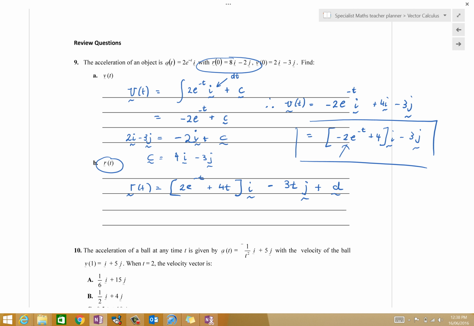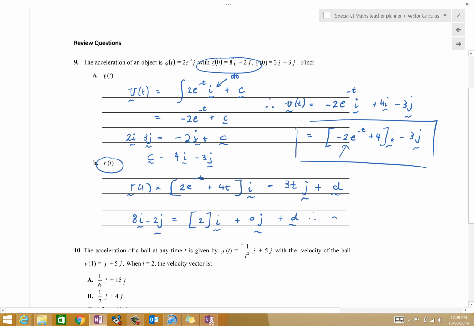So now what we can say is that r of 0 is equal to 8i minus 2j. So therefore we can say that 8i minus 2j is equal to all of this to the power of 0, which is equal to 2i, zeros there, plus 0j, subbing in t equals 0, plus d.